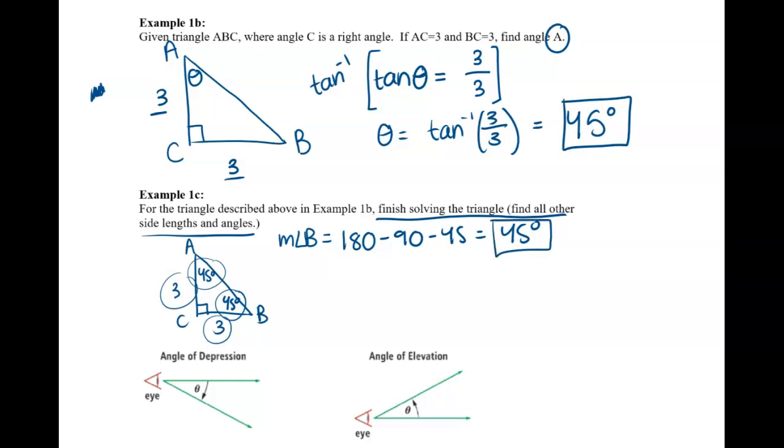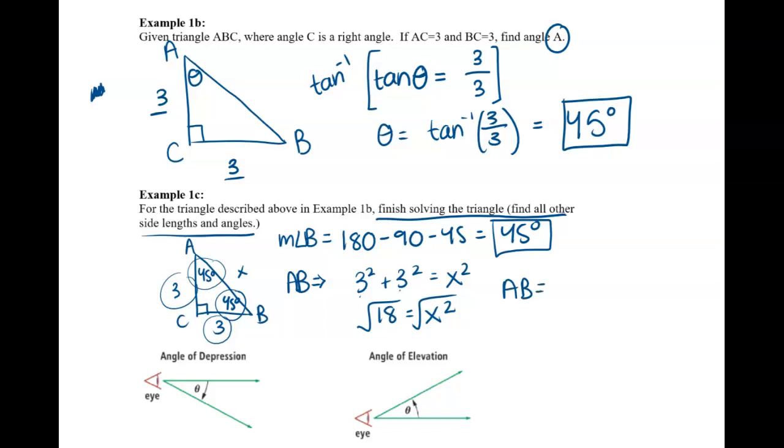And then to find AB, we'll call that x. Do Pythagorean theorem, 3 squared plus 3 squared equals x squared. 9 plus 9, 18 is equal to x squared. Square root both sides.